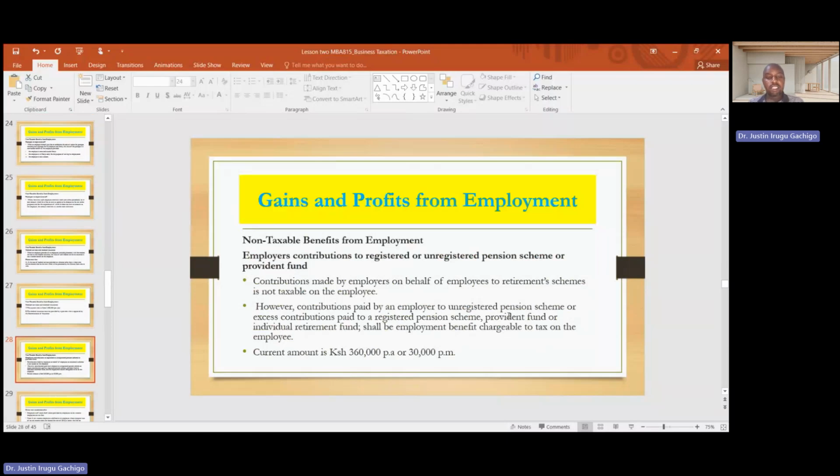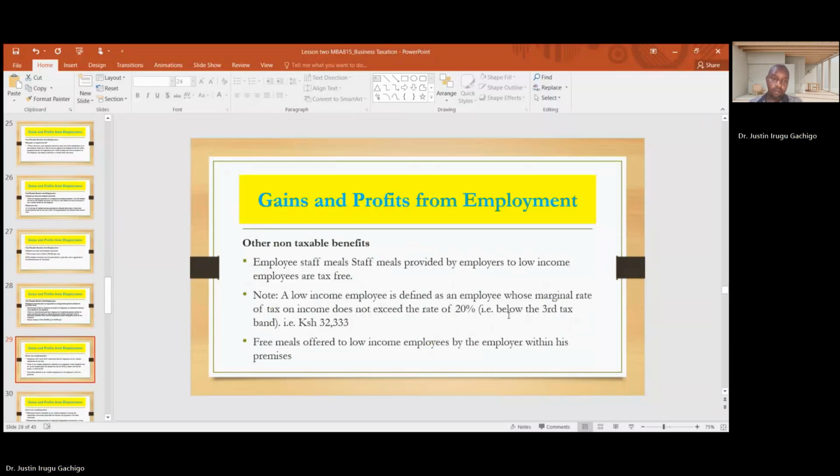The current amount is 30,000 per month. 30,000 per month is not taxable, or 360,000 per annum is not taxable. Initially, this was 24,000 per month, which was equivalent to about 240,000 per year. This was revised by, I think, the Finance Act 2025.